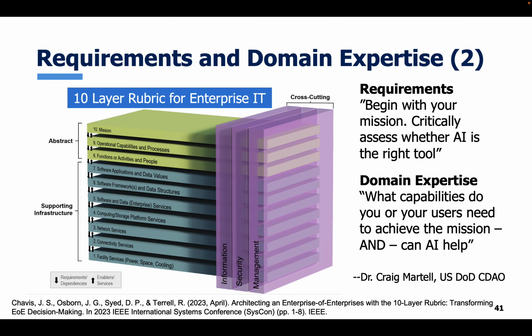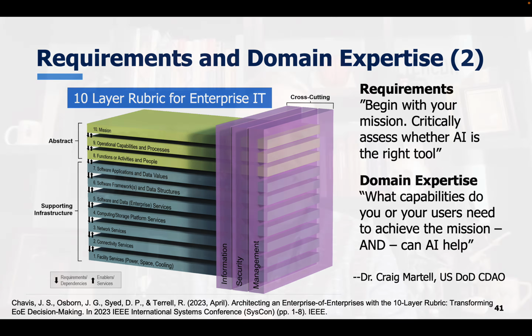Here's another example. When we look at a typical IT enterprise, you might have different layers in the IT. Here at the bottom, we have facility services. At the top, three layers, you have these abstract mission capabilities, architectures, people. And by breaking these different layers down, or looking at cross-cutting ones like information security management, you can decide where are the greatest opportunities for AI.